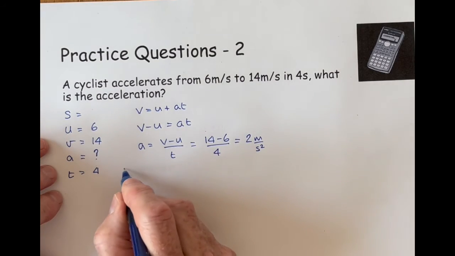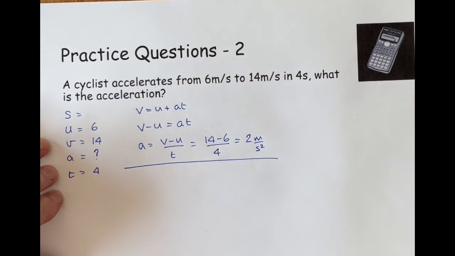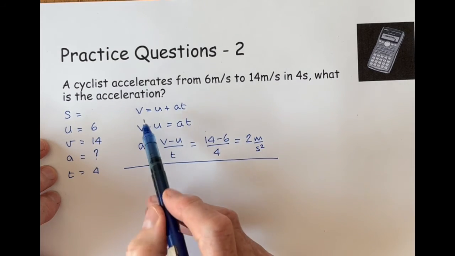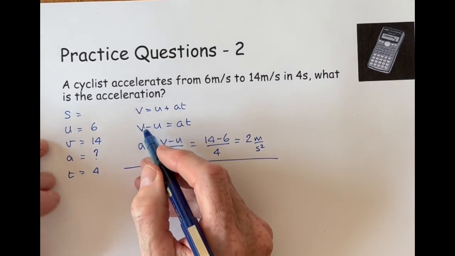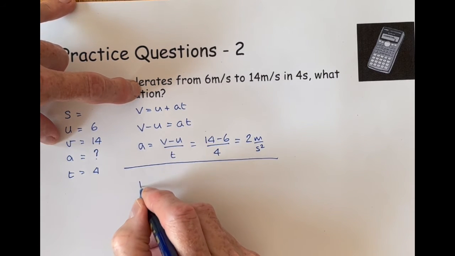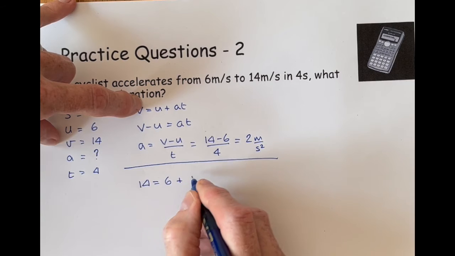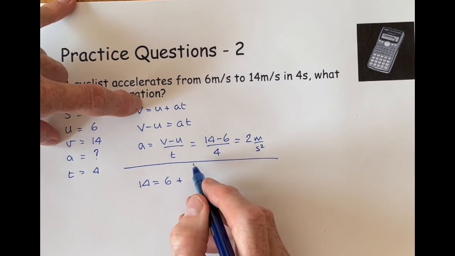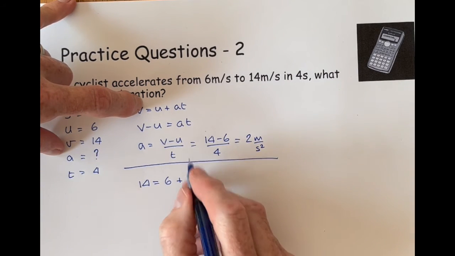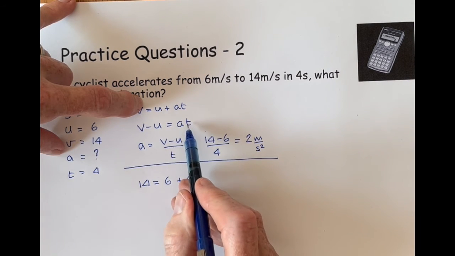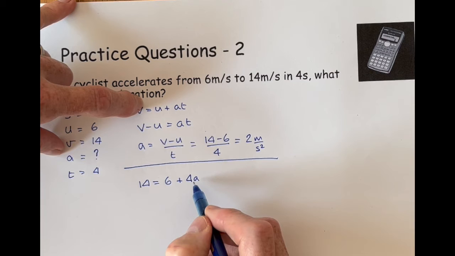So I'll put a line under here. This works just as well. So rather than rearranging the equation and putting the numbers in, you put the numbers in first. So we know 14 equals 6 plus, in this case, a times t. We don't know that, so we just put down 4a. So I've just put the time there, 4 times the acceleration.